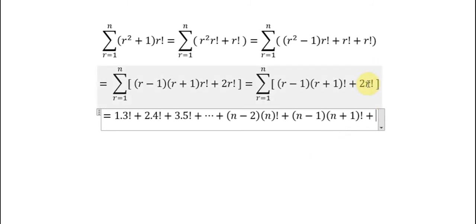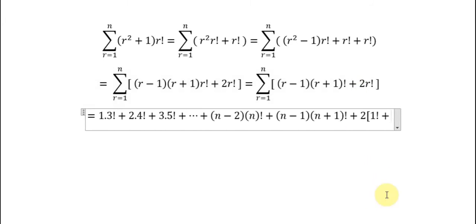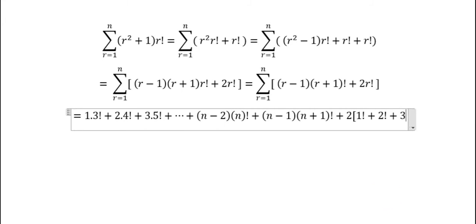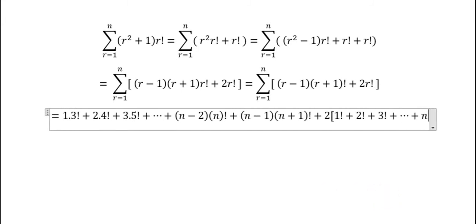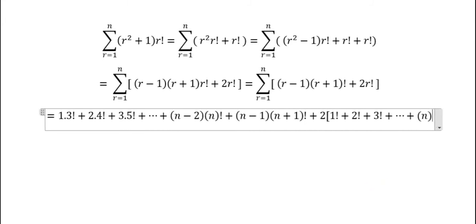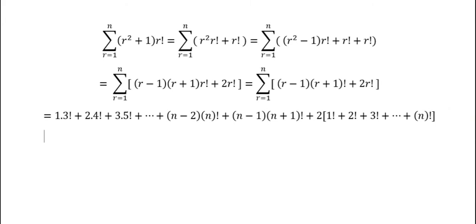We have 2 multiplied with r factorial. We put it like this. We have 2 multiplied with 1 factorial in here.